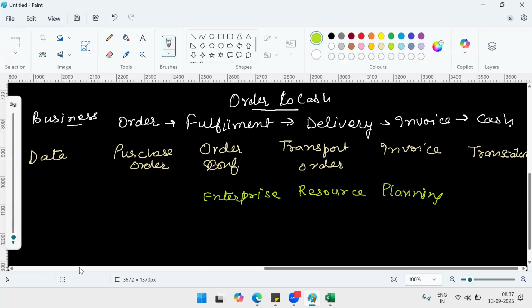Little bit difficult, but once you are having that data, right? So you are saying, okay, we will have the purchase data, order confirmation. So this will be the flow of our application. So now how it will be achieved, that is called enterprise resource planning.